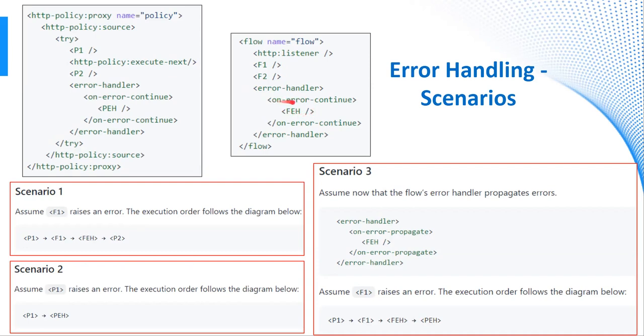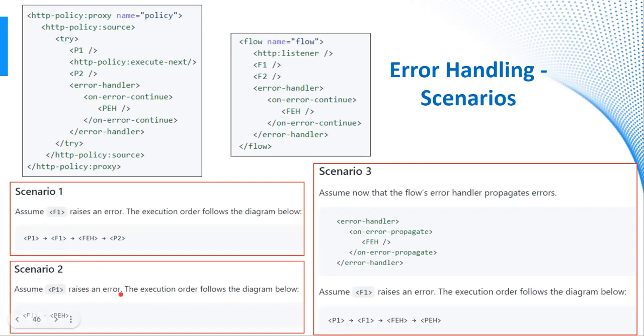Then the property of on error continue consumes that error object and generates whatever payload is here, and that payload, with status equal to 200, will get propagated to my policy section. Then P2 will get executed, because if the status code is 200, the policy will assume that nothing went wrong in the flow. That is the illusion the policy will get. Then P2 will get executed, and it won't go to the error handler at all. So the order is P1, F1, FEH, and P2.